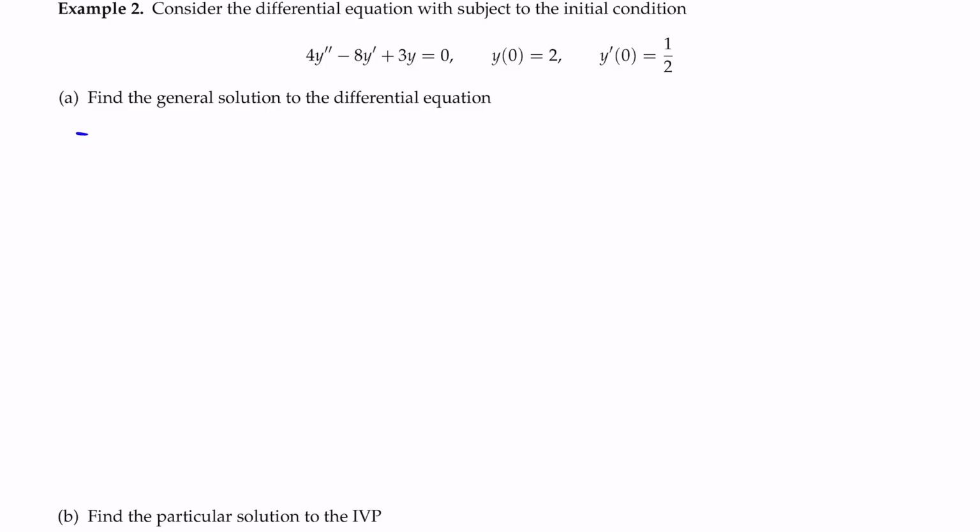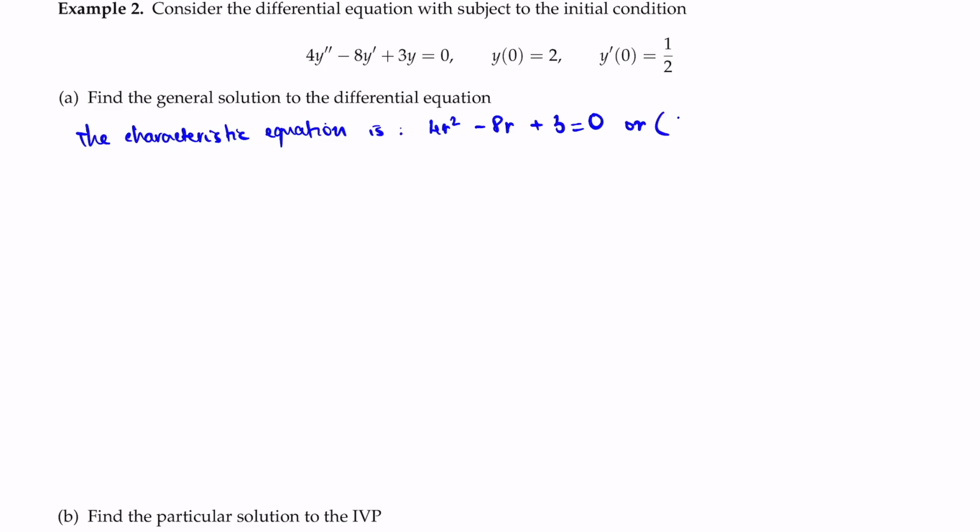So the characteristic equation is 4r squared minus 8r plus 3 equal to 0. Again, if you don't recognize the factored form of this quadratic equation right away, you can use the quadratic formula to get the roots.